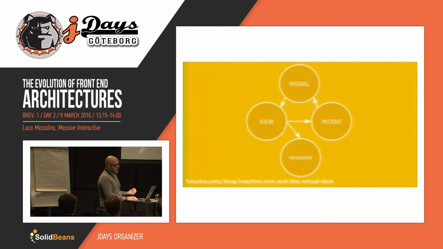The renderer usually is a component that is quite invisible for the developer, because in React or in a virtual DOM library you just say, okay, I need to create a div with a button inside, or a form, or whatever it is. You're just passing what you would like to render, and automatically behind the scenes it's creating your stuff. So the renderer part is basically completely transparent for you.